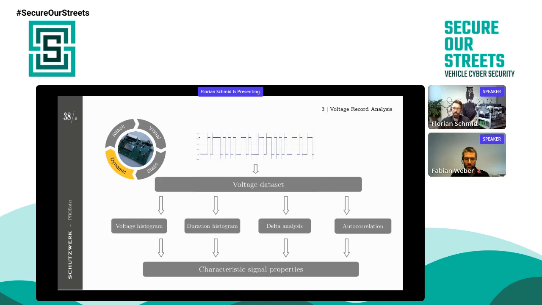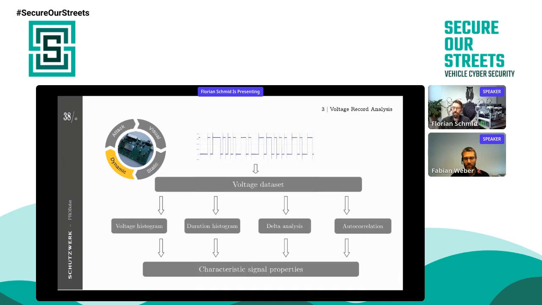And here it uses a histogram produced from the voltage states that are occurring in that voltage data set. It also uses the durations of each of the voltage states.